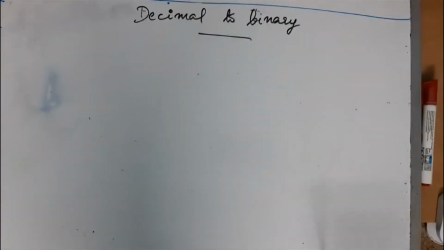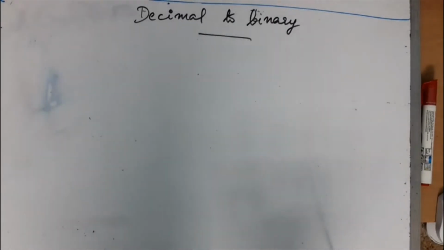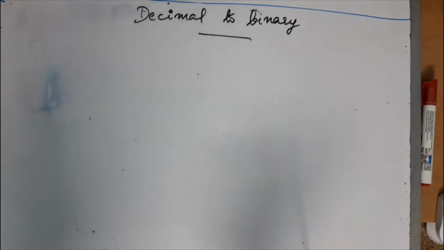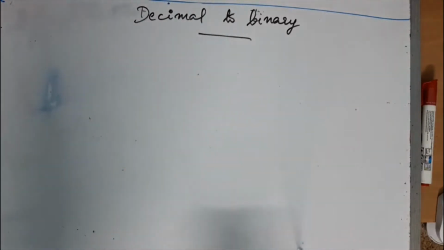For binary to decimal, or any number system to decimal, what did we do? Each digit of that particular number system was multiplied by its base raised to the power, that is, multiplied by its weight.